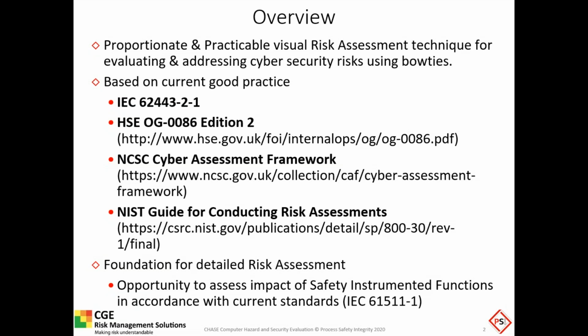So fundamentally, we're targeting this at industrial automation control systems. This isn't about hacking your phone or your bank account or your Instagram account. It's based upon recognized good industry practice, primarily IEC 62443.